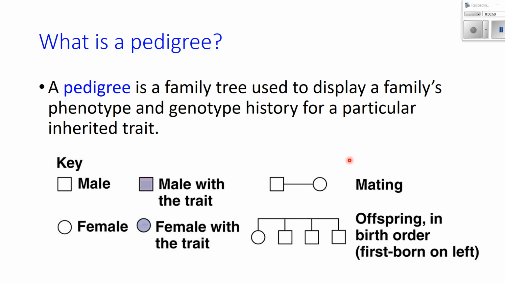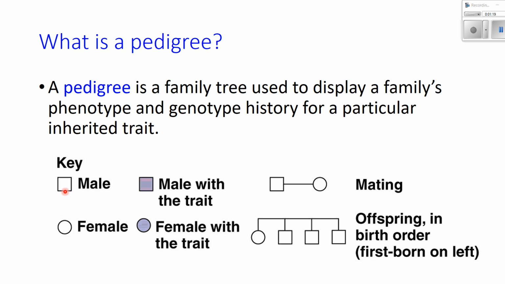Whenever you're looking at a pedigree, and we're going to look at several today, it's important to know what the symbols mean. So whenever you see an individual represented as a square, that simply means that person is male. Females are represented by circles.